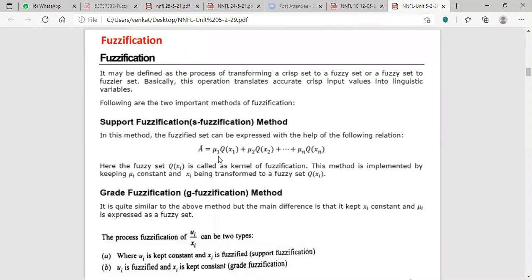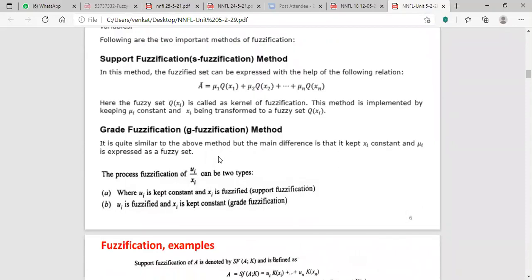Whereas in the grade fuzzification method, we keep xi constant and mu i is expressed as a fuzzy set. That is the basic difference between support fuzzification and grade fuzzification. In grade fuzzification, we express the membership function as a fuzzy set and xi is constant.